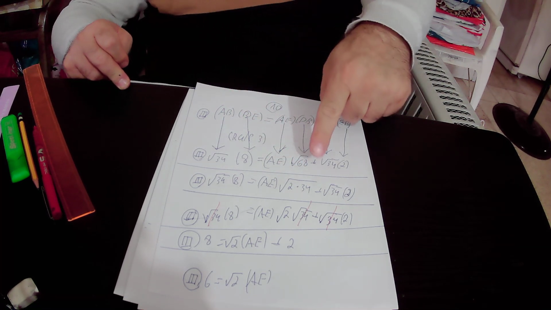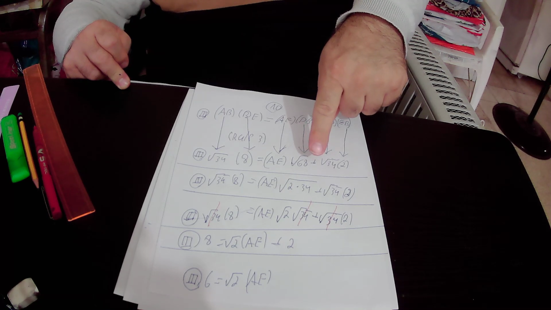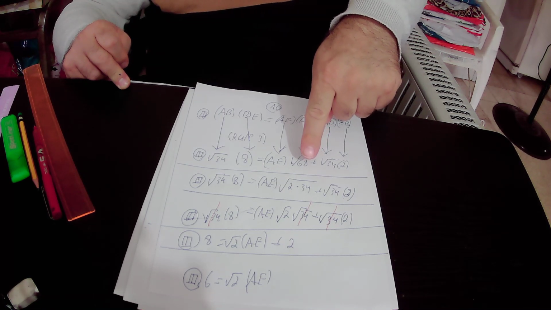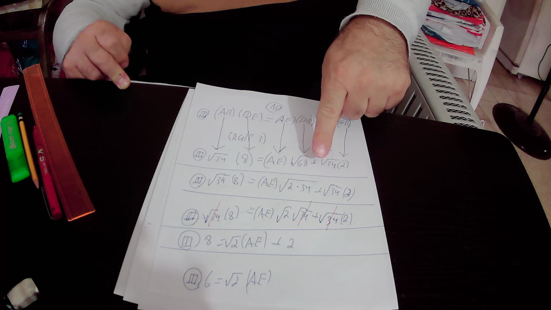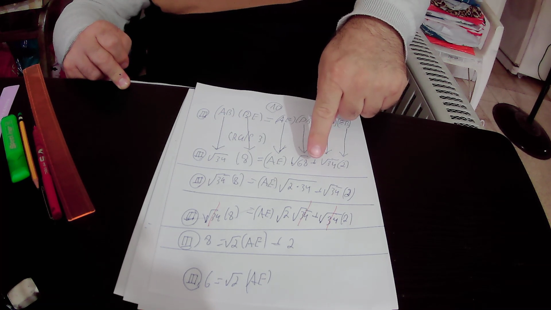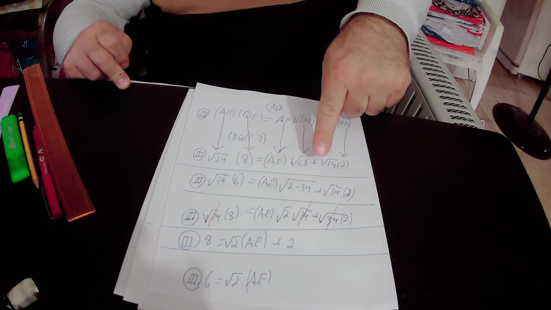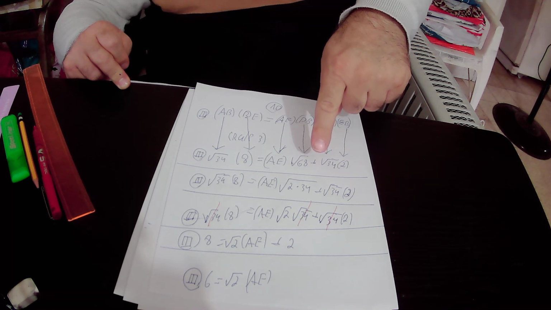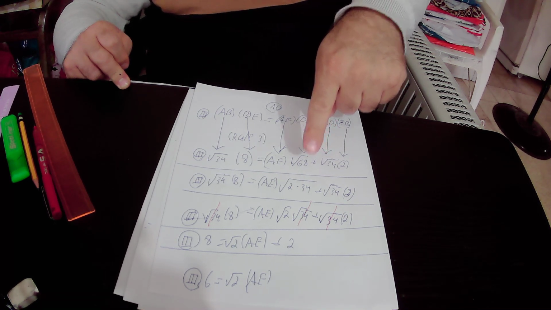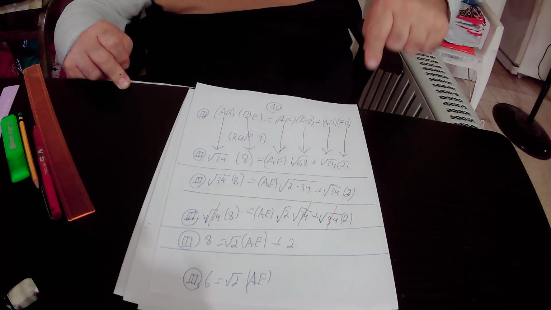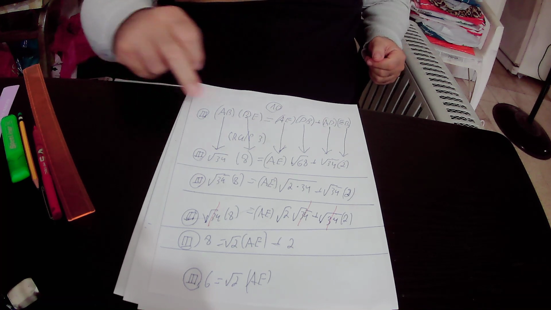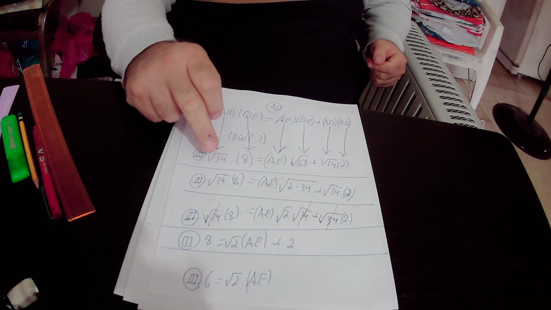And we have the rule that the square root of a times b equals the square root of a times the square root of b. According to that rule, the square root of 2 times 34 equals the square root of 2 times the square root of 34.